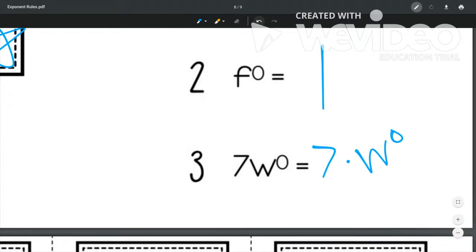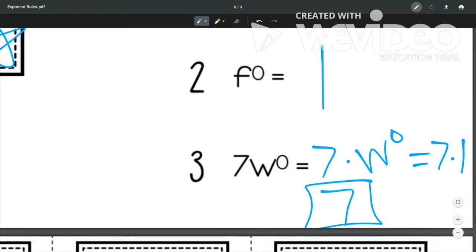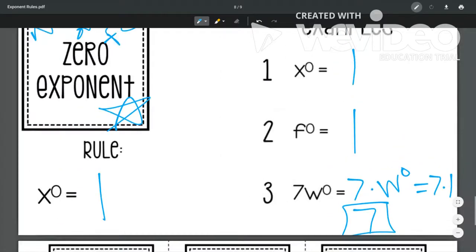So it's only this part right here that's equal to 1. And so it's 7 times 1. And 7 times 1, well, y'all know that. That's 7. So the answer for this third one is 7 and not 1. So be careful for these tricky problems. They try to mess with you. You will have them on your test like that. Be ready. You're smarter. You can do this.